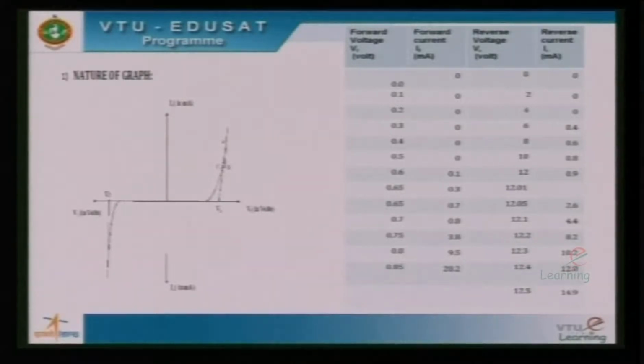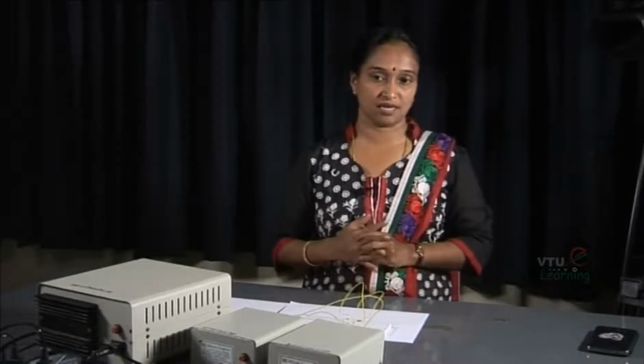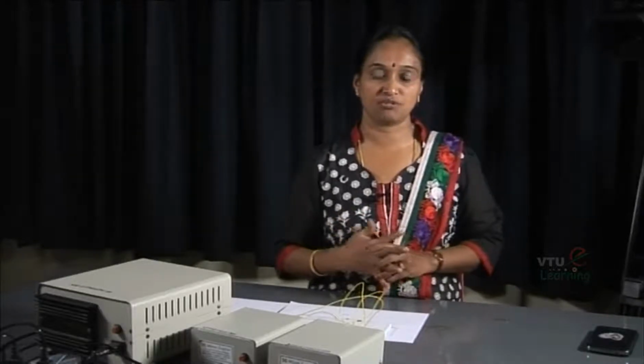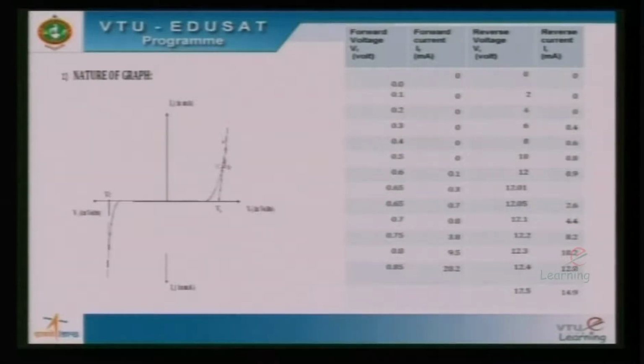Up to 12 volts, you observe that the change in current is relatively very small. It is because of minority charge carriers, called reverse saturation current. So at 12 volts, the Zener breakdown is occurring, and you find a sharp increase in the value of current through the circuit, increasing from 2.6 to 14 or 15 milliamps, whereas the voltage variation is very small, 12 to 12.5 volts.